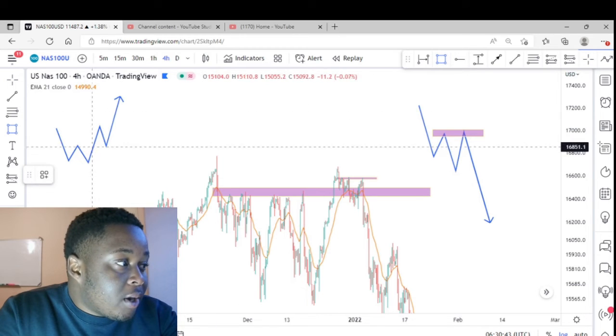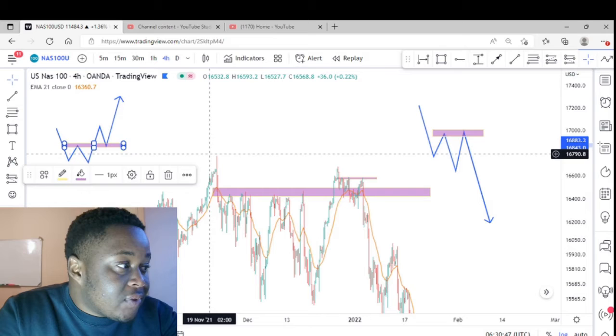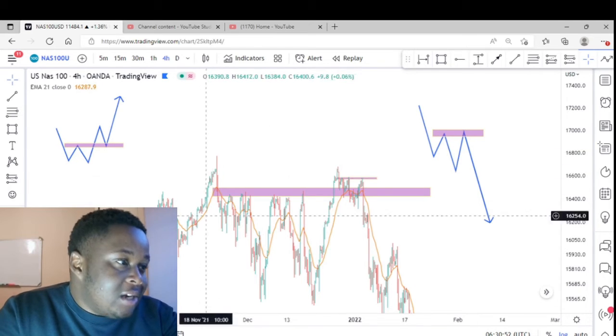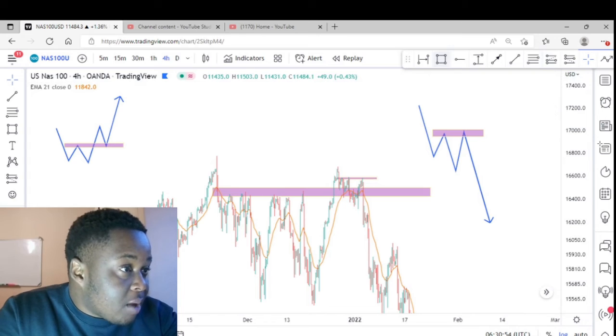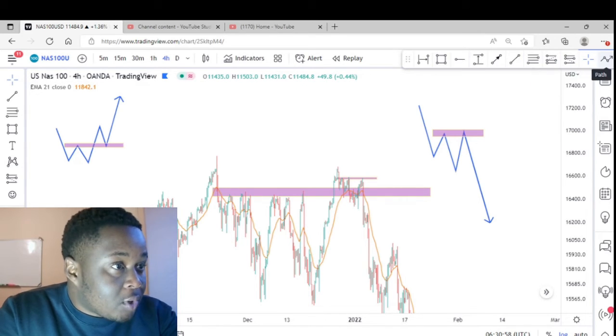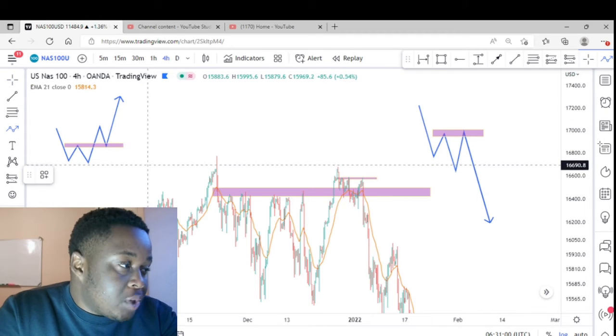It broke the neckline. This is what you call the neckline of the double bottom, and it came back to retest it. And there's another way in which it can happen, which is an exhaustion. This is if there's a lot of momentum in the market.